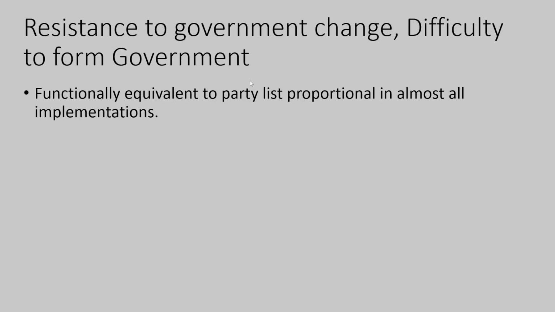So in this regard, a mixed member proportional system is going to be more prone to having one party dominate the government and make it very difficult oftentimes for that party to be ousted, requiring often very large scandal or just abject failure from that party.